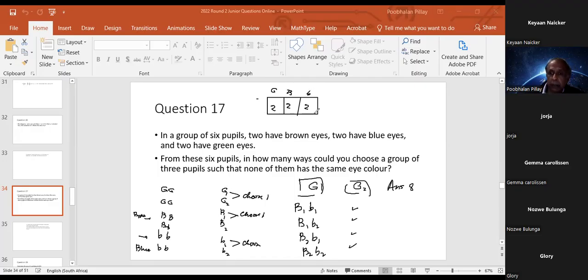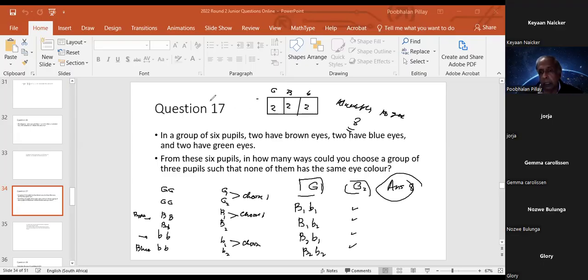Right? And to find out the number of ways, there's a very simple way of doing it. You find out how many ways each one can be done, and then multiply. Two times 2 times 2, and you see it's the same answer.